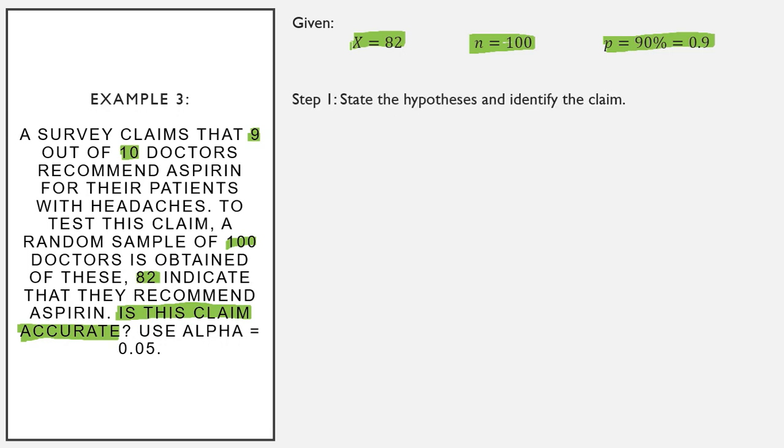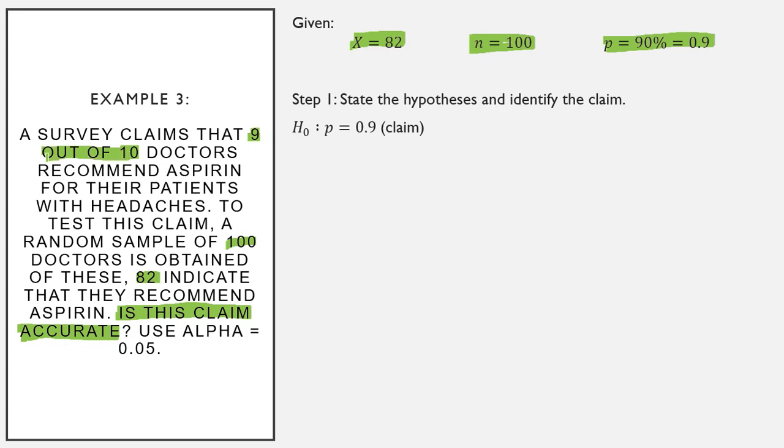Okay? Step number 1. State the hypothesis. Identify the claim. So, syempre, alam na natin na ang kiniklaim po natin is equal daw po sa 90%. Therefore, the null hypothesis will be our claim that P or the population proportion is equal to 0.9. Okay? Based po yan dito sa sinabi na a survey claims that 9 out of 10 doctors recommend aspirin.